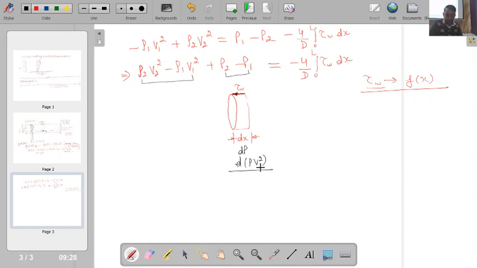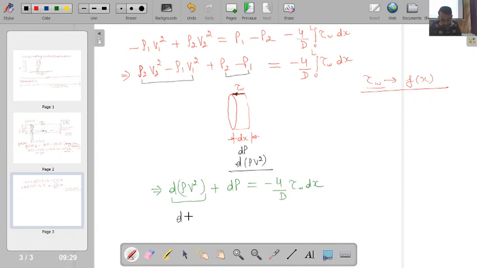So for this small element, the equation becomes d of rho v square plus dp equal to minus 4 by d, and I can remove the integration and simply write tau w into dx.